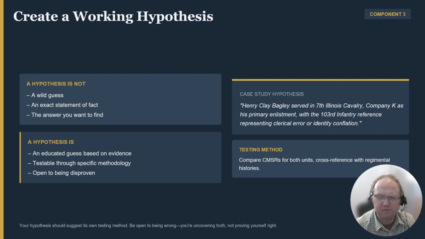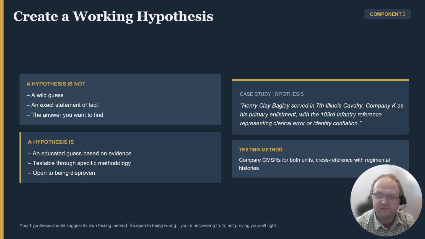I was not assuming I was right with my preliminary analysis. I stated the testing methodology: compare compiled military service records for units, cross-reference regimental histories, and examine muster rolls for temporal overlap and separation.